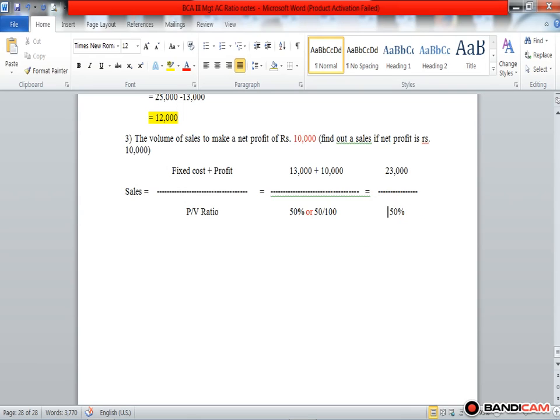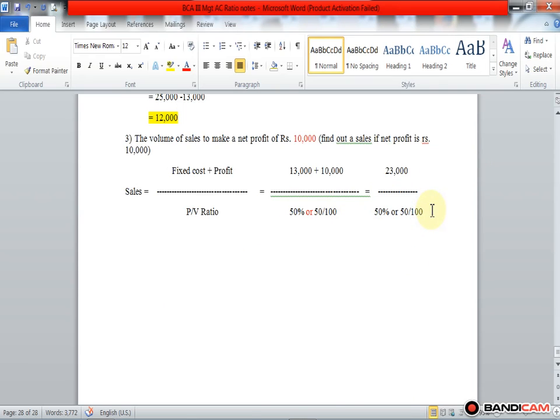Use any one of the techniques given here, the answer is the same.